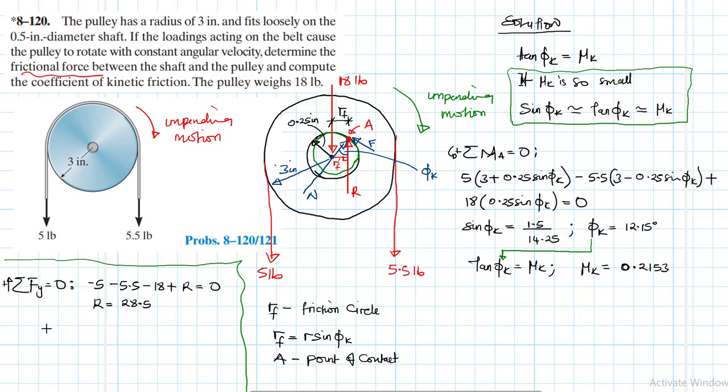From trigonometry, we have R, we have N, and we have F, and we have the angle in between, our phi k. F, therefore, is going to be equal to R sine phi k, which is equal to 28.5 sine 12.15.